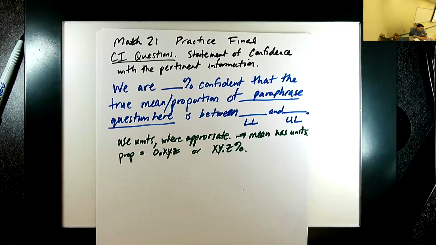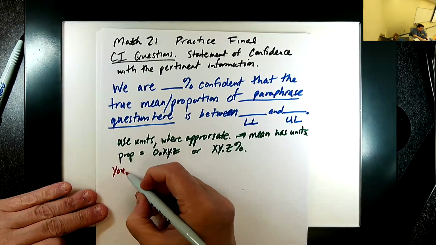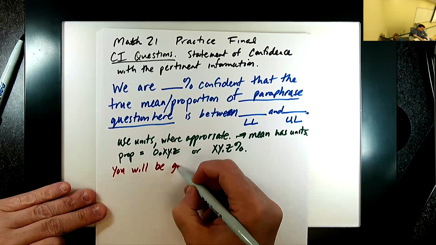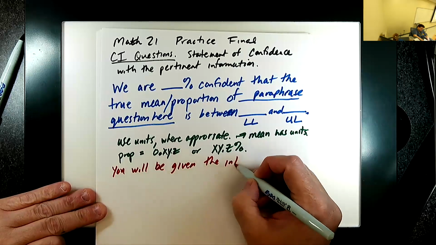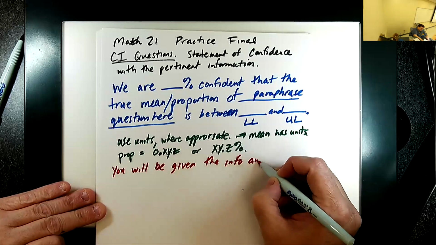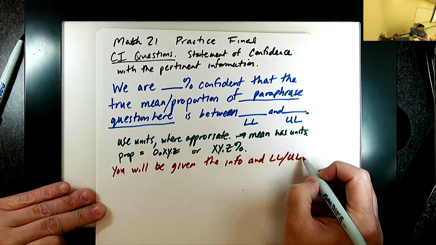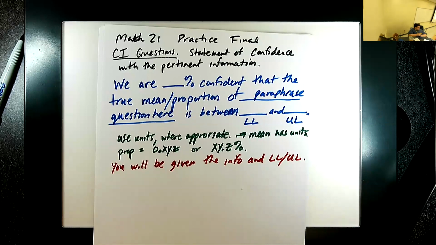You will be given the information and lower limit and upper limit. You will not need a computer or calculator for anything on this thing as long as you know how to compare two numbers, p-value and alpha. I was trying to come up with a generic number.